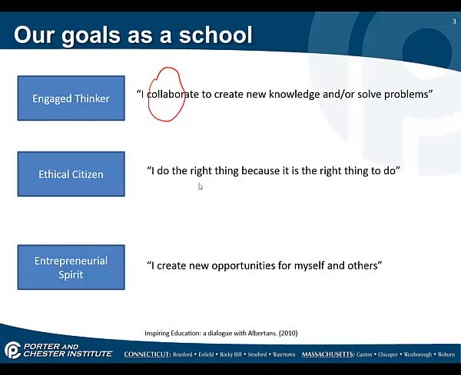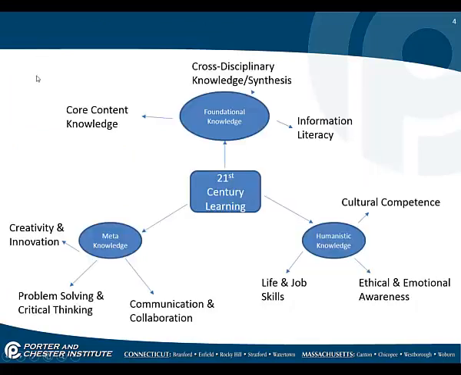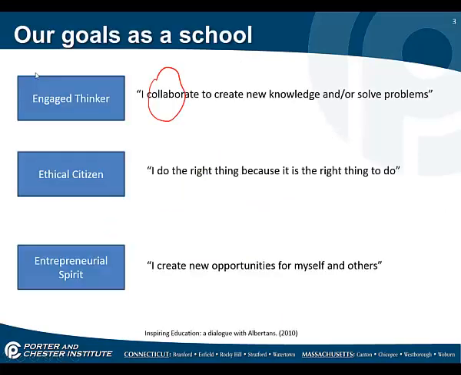Think about your students now. You have students, 99% of your students do the right thing. It's the 1% that we spend so much time dealing with. Well, maybe it's time to shift that around. The create new opportunities for myself and others, that's the entrepreneurial spirit. That's actually what the American dream is based on.